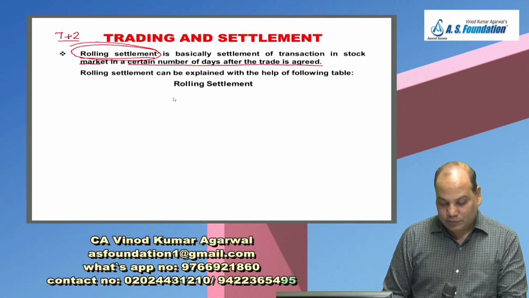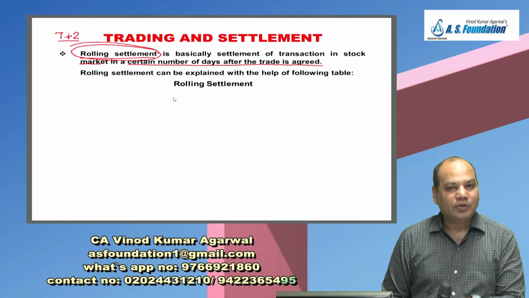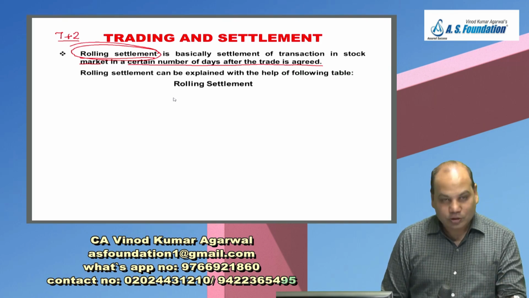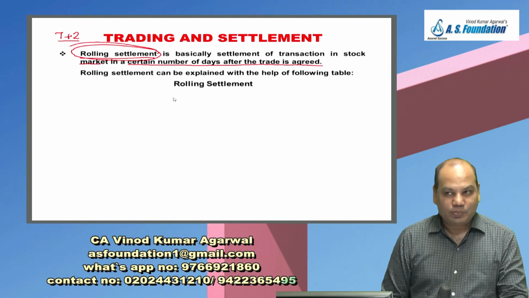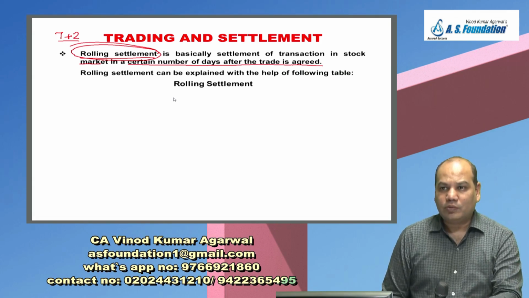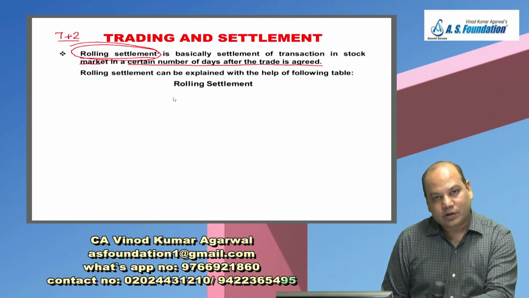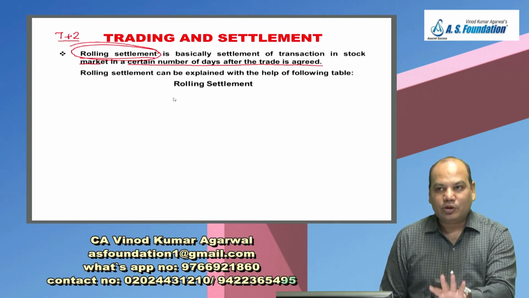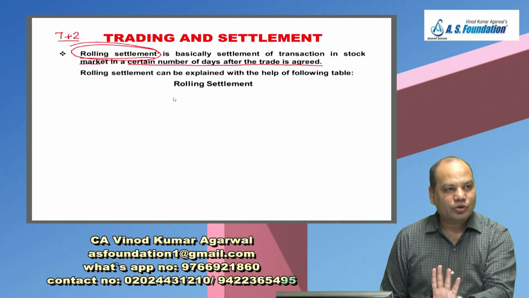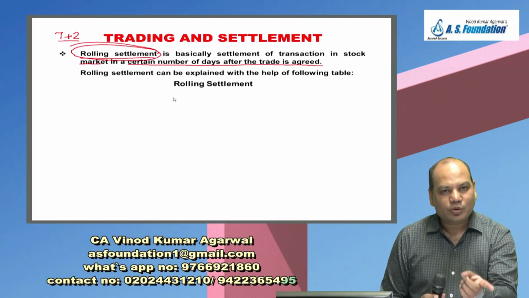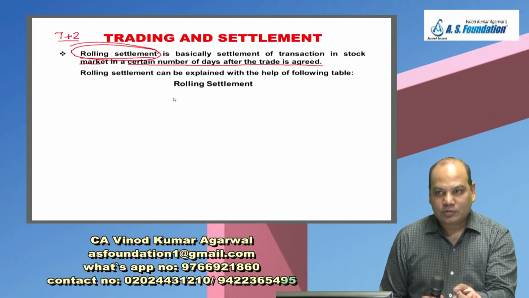That means they will inform the respective broker of the buyer and seller: this is your obligation. The buyer's broker will have to pay the amount. The seller's broker has an obligation to deliver the share. Ultimately, on whom does the entire obligation lie to ensure that things complete? The broker. Is it right?